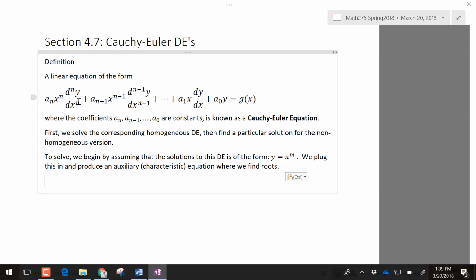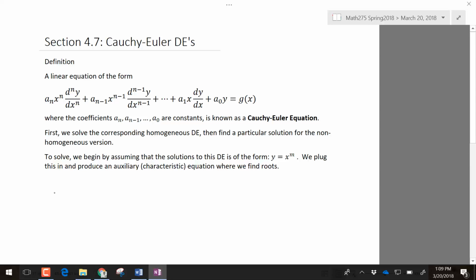We can list down the cases and then do some examples, or we can do some examples. Why don't we try to do a generic example? Let's work this out for a second order differential equation, and we'll generically put a, b, and c as arbitrary constants.